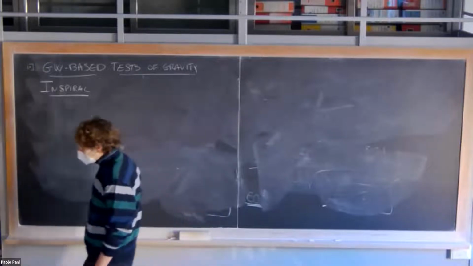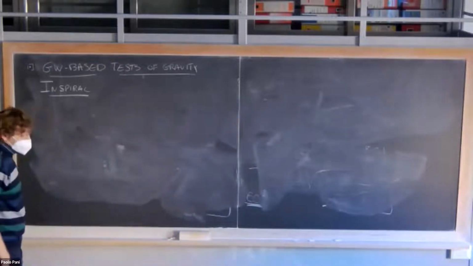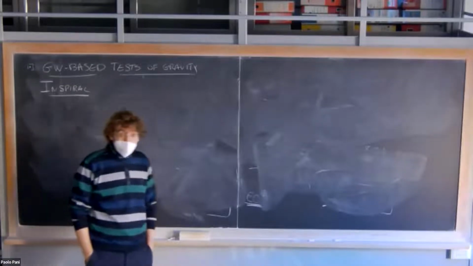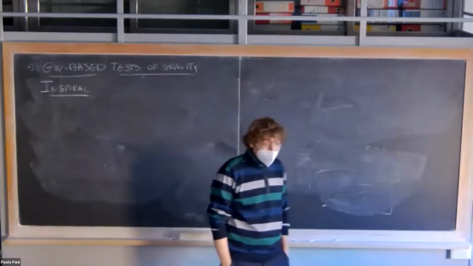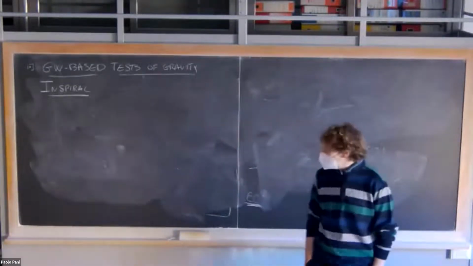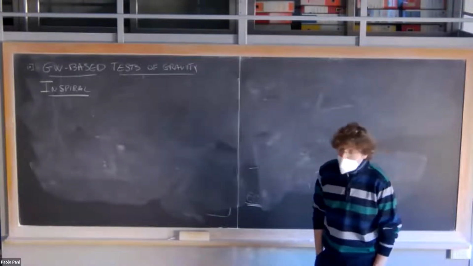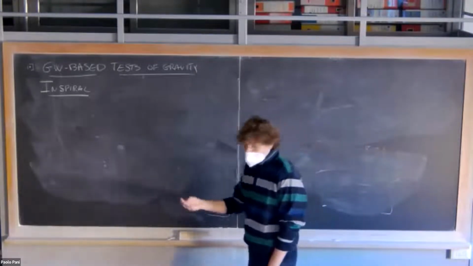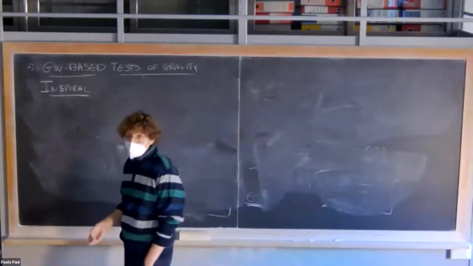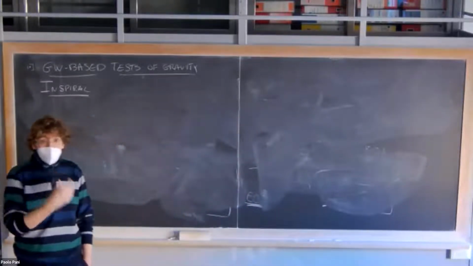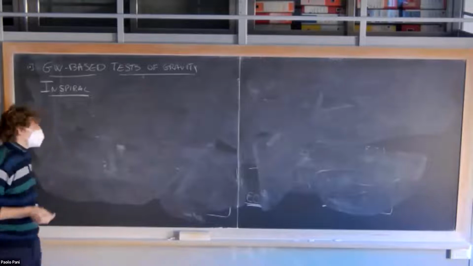And so a crucial point to understand is that at variance with the tests that we have seen so far, these are dynamical tests, in the sense that the sources that we are probing are dynamical. It's not just geodesic motion. We are really studying how energy is emitted through gravitational waves.